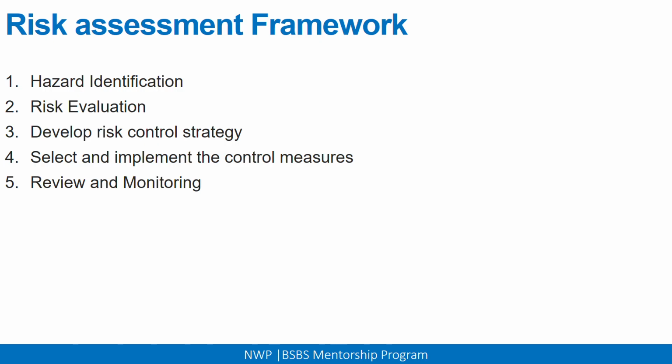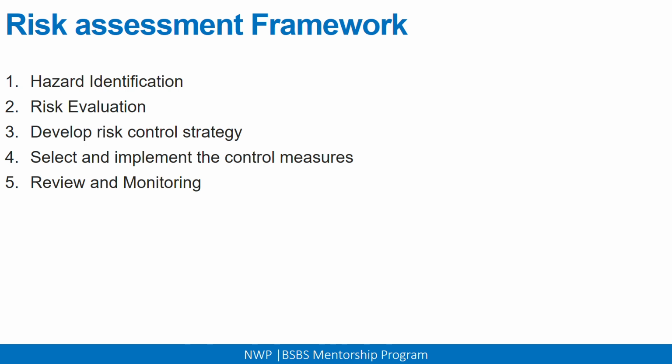So under risk evaluation, what you are doing is determining the chances of you getting exposed to these biological agents and the consequences, or the severity, after you get exposed to these particular biological agents. So if you find that the likelihood and the consequence are high, it means that the risk will eventually be a high risk.